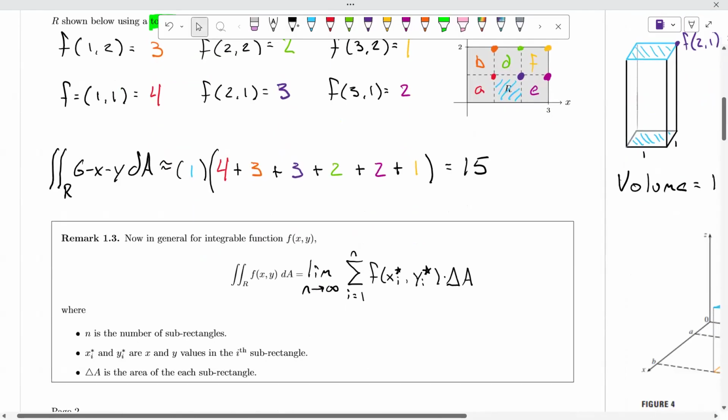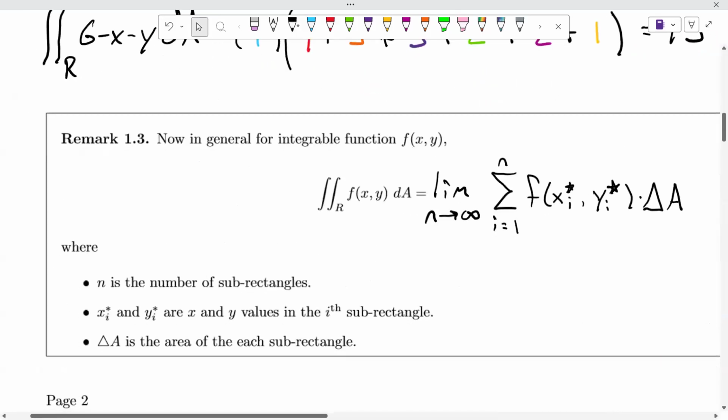So if we wanted to formalize that idea, look, it's a Riemann sum. It's the limit as n goes to infinity of the sum from i equals 1 to n of the function f of xi star, yi star times delta A. Where we have these super fancy xi stars and yi stars, and those correspond to the x and y values in the ith subrectangle.